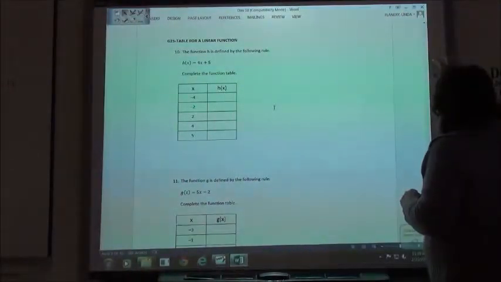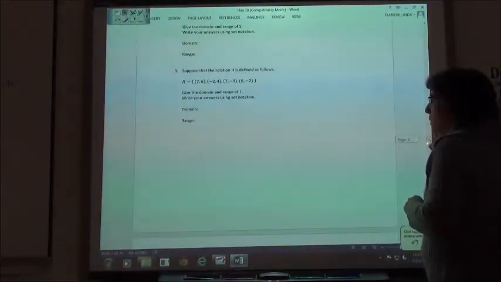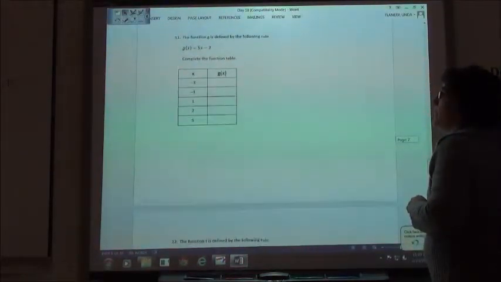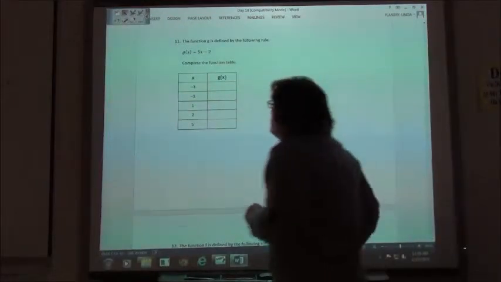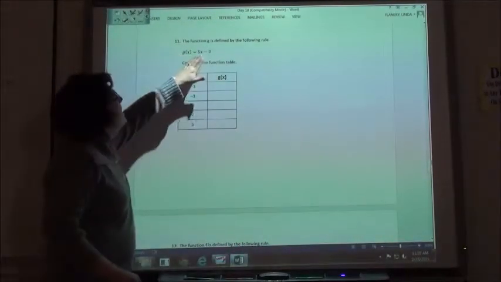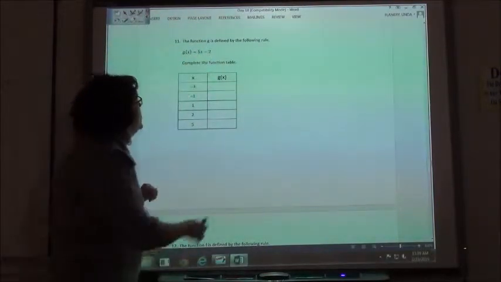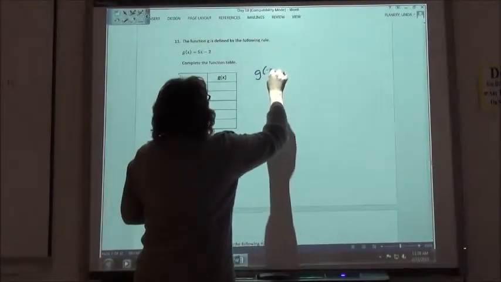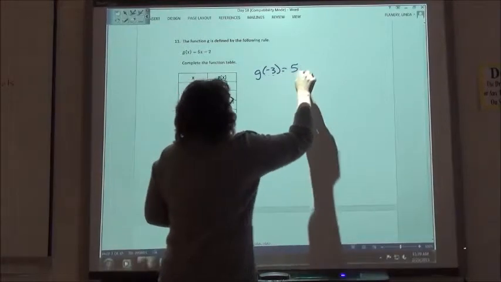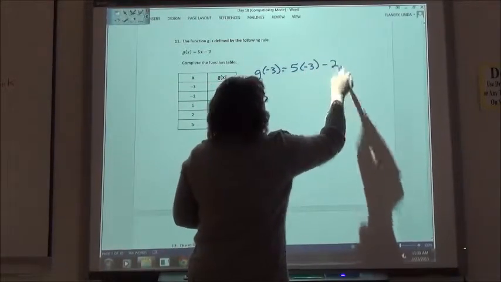All right, number 11. This time we are going to do the function g of x equals 5x minus 2. So 5 times the x value minus 2. So g of negative 3. 5 times negative 3 minus 2.